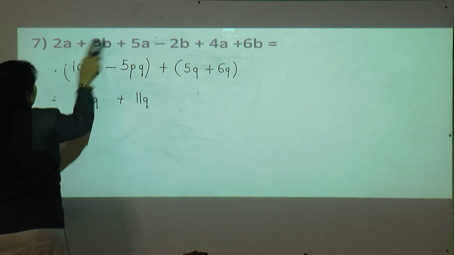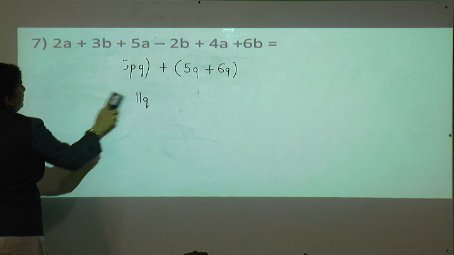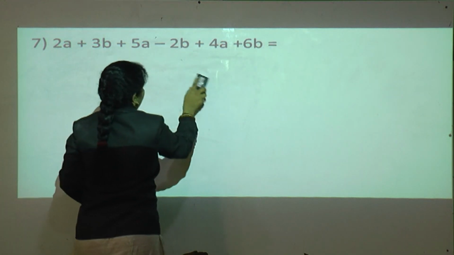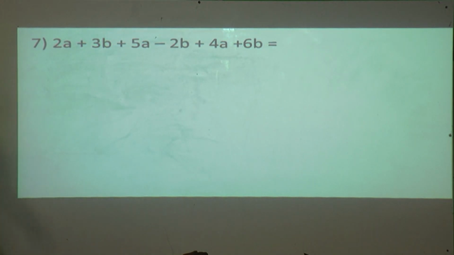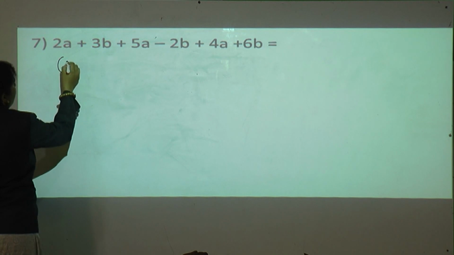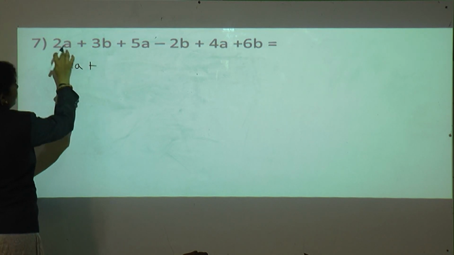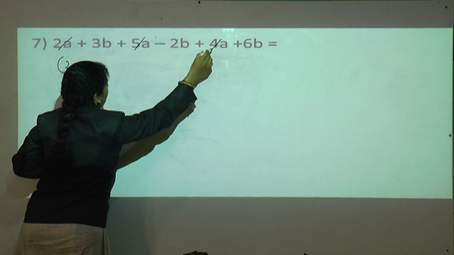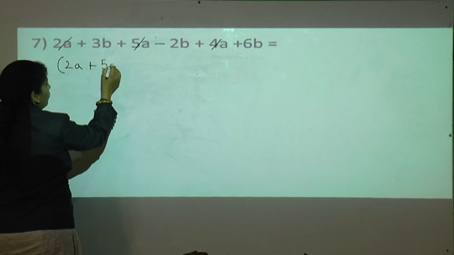Here 2a plus 3b plus 5a minus 2b plus 4a plus 6b. So just 2a plus 5a plus 4a.